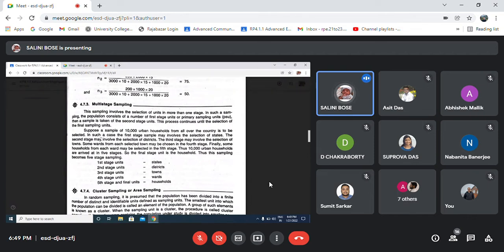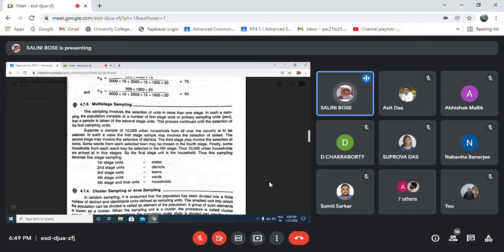In such a case, the first stage sample may involve the selection of states. First we select which states we will take. Then the second stage may involve the selection of districts. After selecting the states, we will select the districts of those selected states.